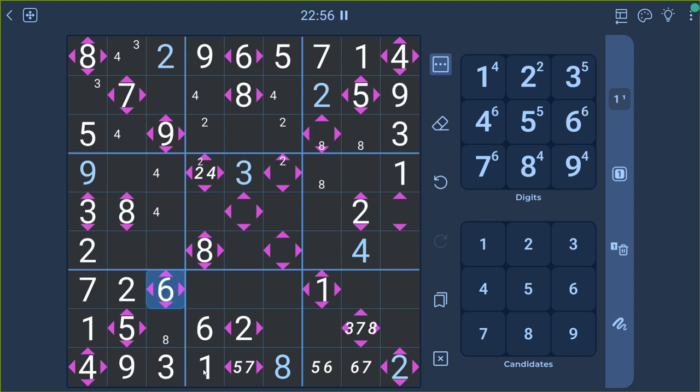Oh, we've got a 6 in this one, and then we've got the 8. 6 in column 3 means there's a 3 in column 6. 6 in row 7 means there's a 7 in row 6. I'm starting to get our 7s now.